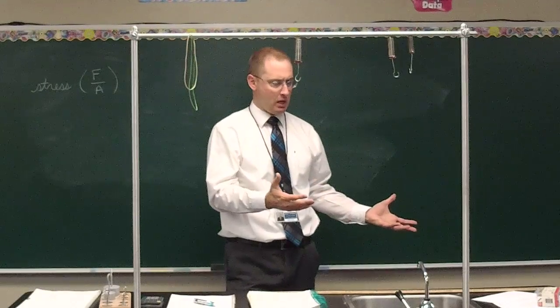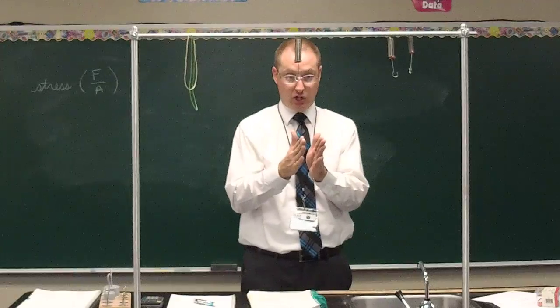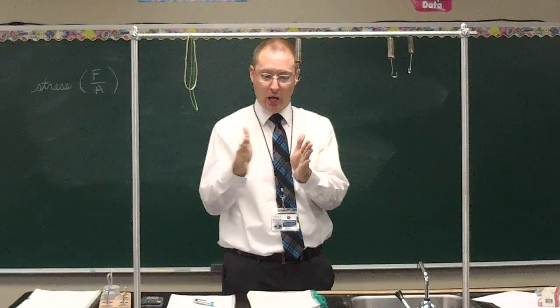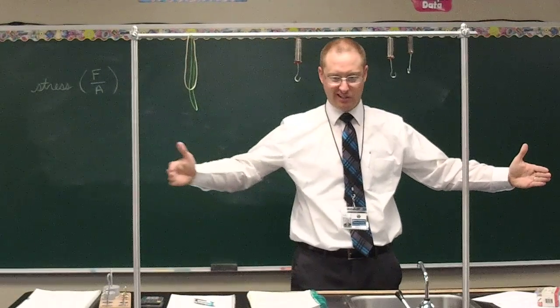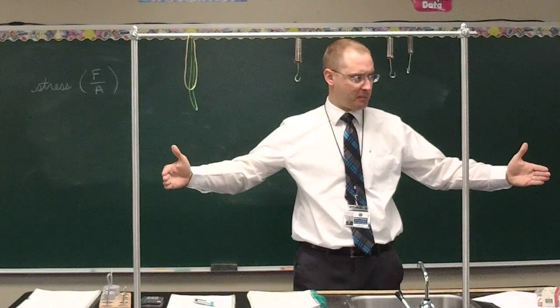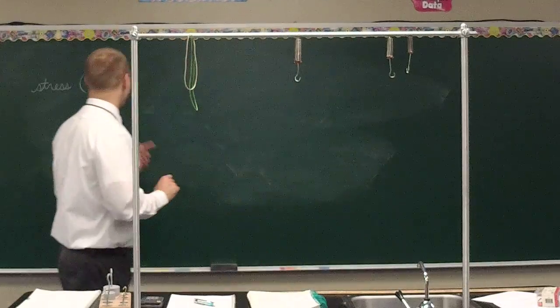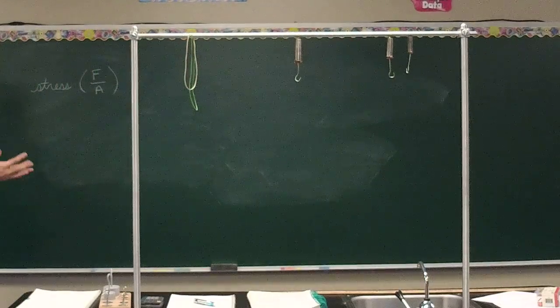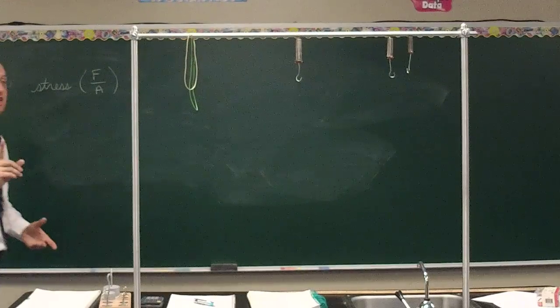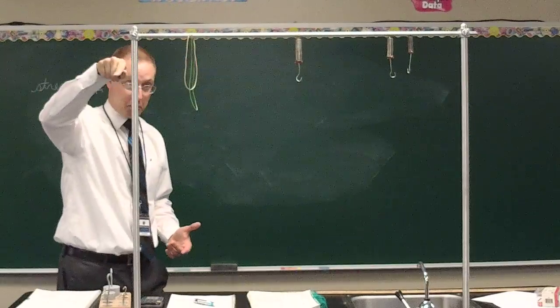Does that make sense? Take something that's this big and try to stretch it 3 inches. Wow. Take something this big and stretch it 3 inches. You barely notice. Does that make sense? So the other thing is, it's not so much about the stretch as much as it is the stretch compared to how long the thing was. Because that also makes a difference, right, in the spring constant.